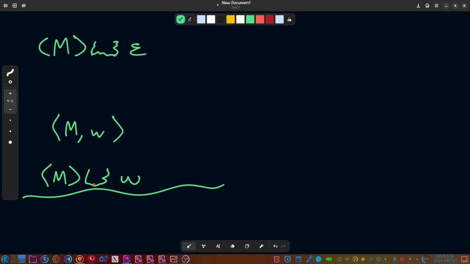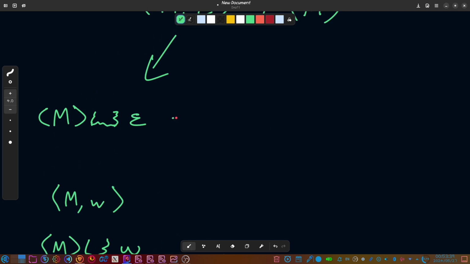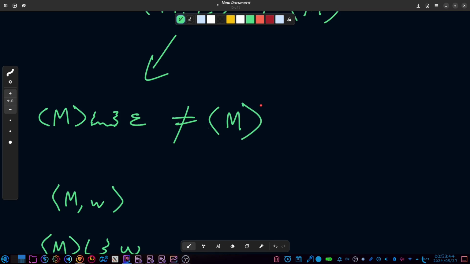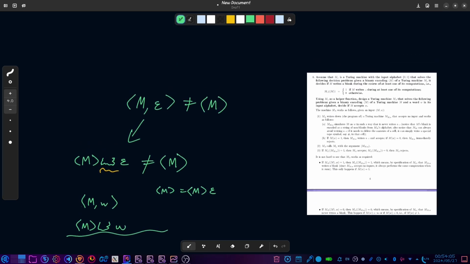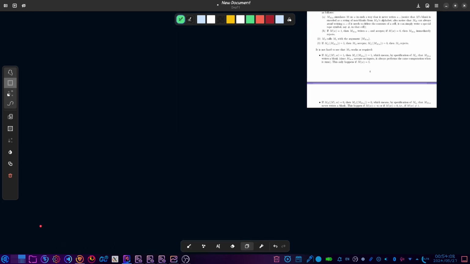But the whole point is you have a Turing machine, something, and then the word, which is not the same as saying this. The something makes a big difference. That's equivalent, but the something changes the whole thing. I'm getting distracted. Let's jump back.